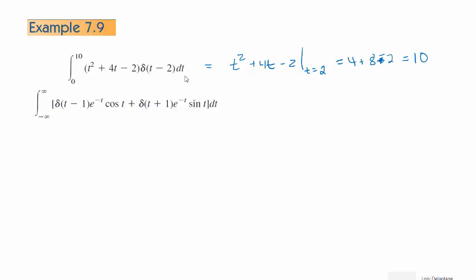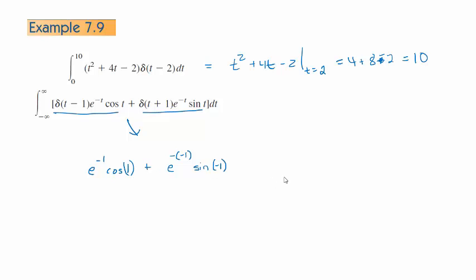That is the sifting property of the impulse function: when you integrate a function times the impulse function, it's just the value of the function at the location of the impulse. Similarly, for this problem right here, you have to break it up into two different parts. This function is only valid at t equals 1, so you'll have e to the minus 1 cosine 1, and this function will be only valid at t equals minus 1, so it will be e to the minus 1 sine of minus 1.